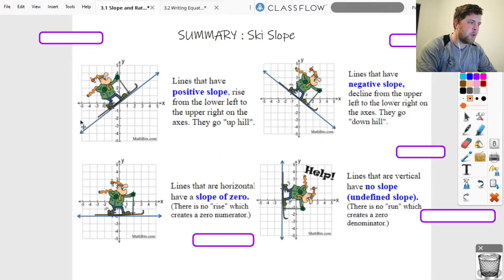So going up the hill, you have a positive attitude. Going down the hill, it could be negative if you're going too fast. If you're on a flat surface, it's zero fun. And if you have an undefined slope, it's like you fell off the cliff. No fun, no slope, or undefined slope.